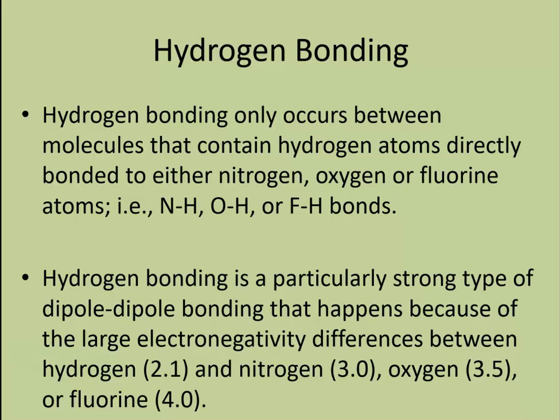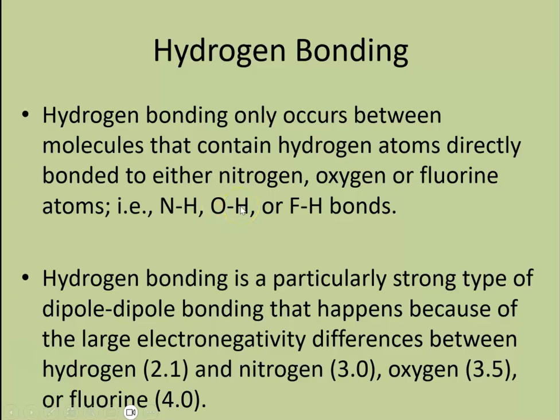Hydrogen bonding is a type of dipole-dipole interaction, but it is so strong that it has its own name. And the reason that it occurs is that if you have one of these bonds in your molecule, NH, OH, or FH, the difference in electronegativity between the two atoms in that bond is so large that the hydrogen atom is highly polarized, is very positive.